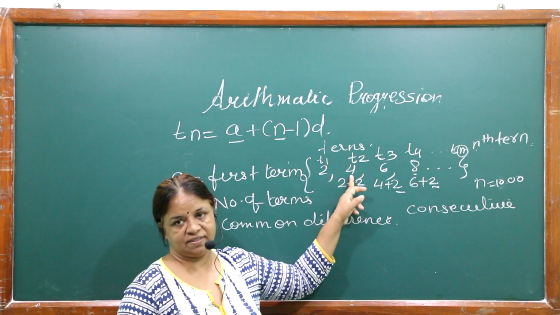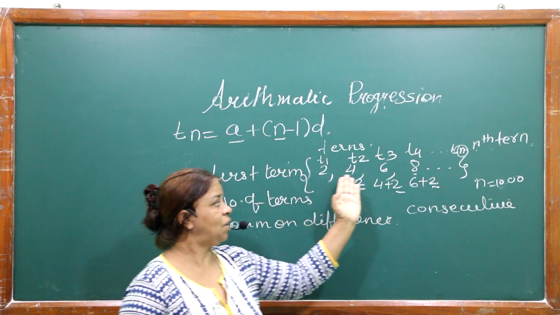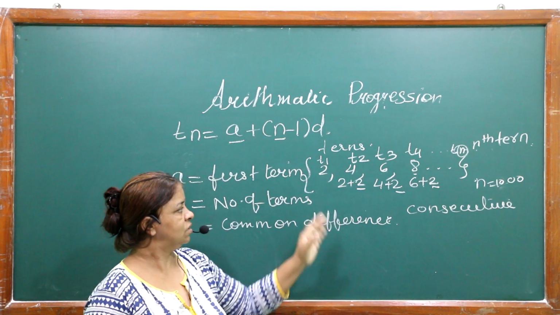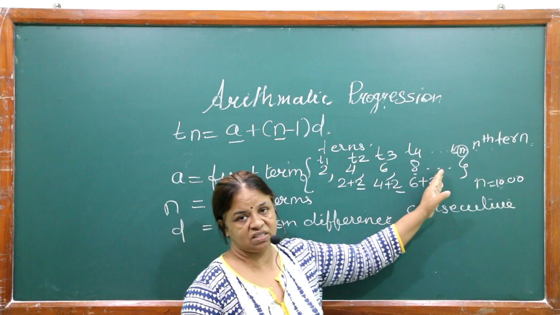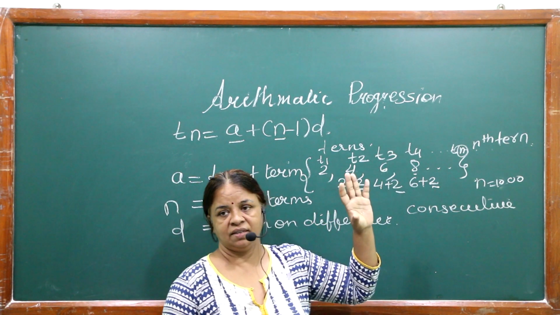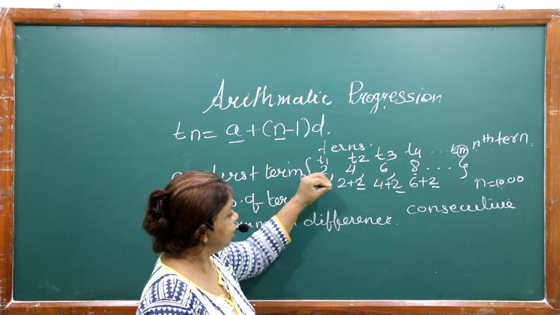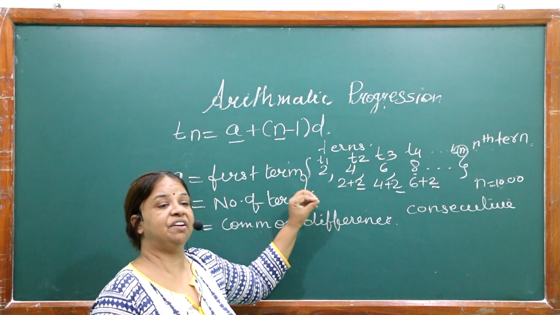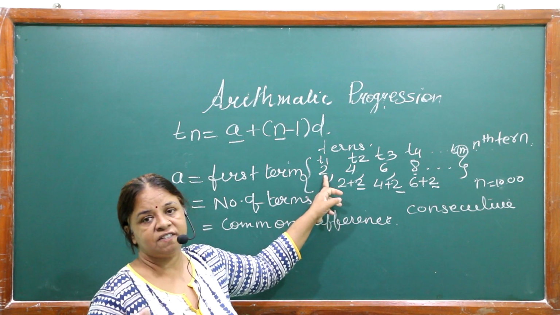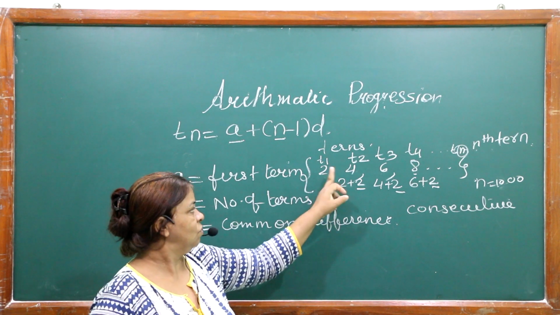For example, 4 is there. If you look at this sequence, this is the collection of all even numbers, 2, 4, 6, 8, according to a definite rule and according to a definite order. So after 2, which even number falls? 4.